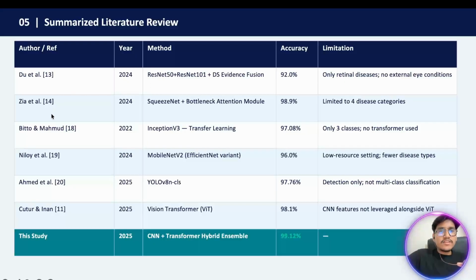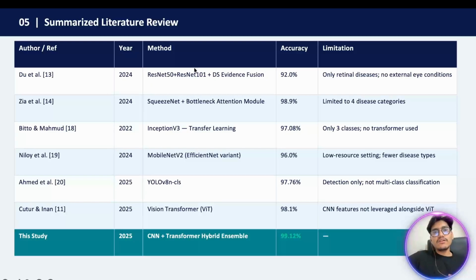And then in the second paper, they added a bottleneck attention module into a SqueezeNet architecture to improve feature selection. They achieved 98.9% accuracy, which is quite high, but they only tested on 4 disease categories and did not use any transformer models.